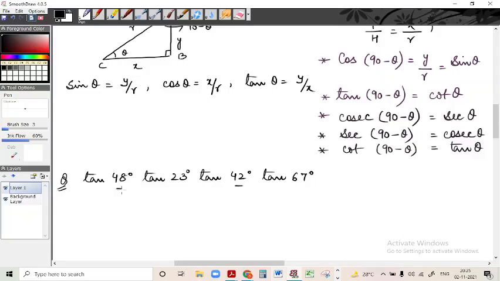So tan 48 and tan 42, these two are complementary angles because if we add, we will get 90 degrees. Similarly, tan 23 and tan 67 are complementary angles.